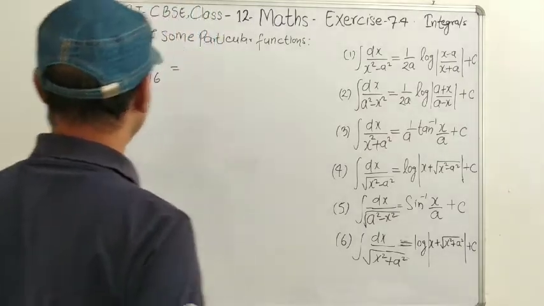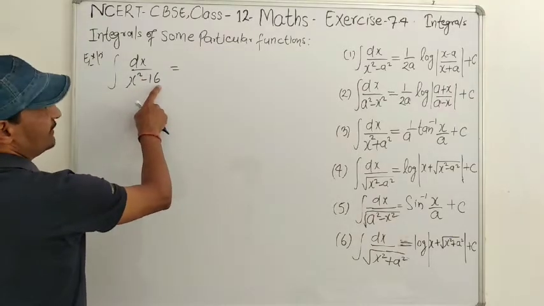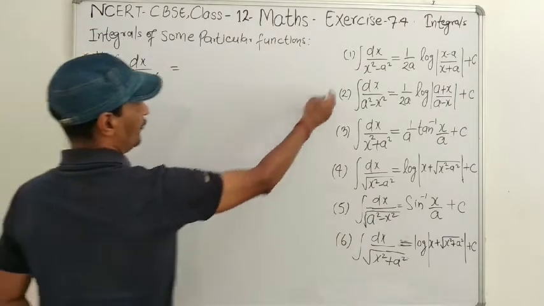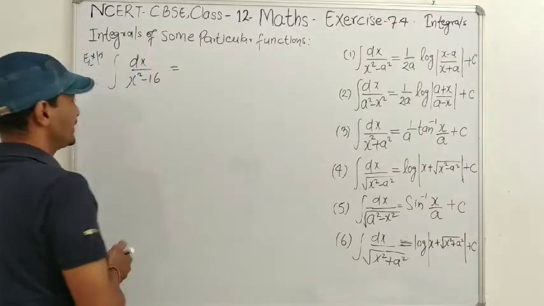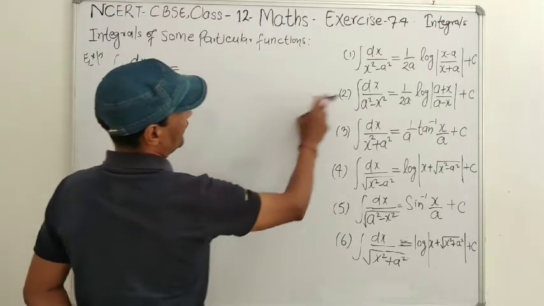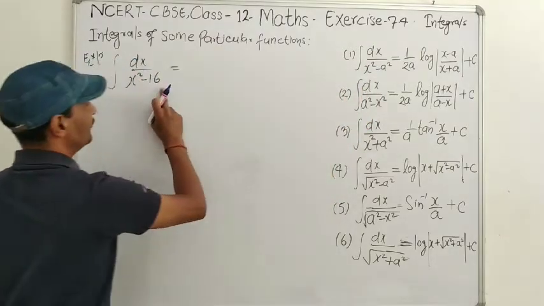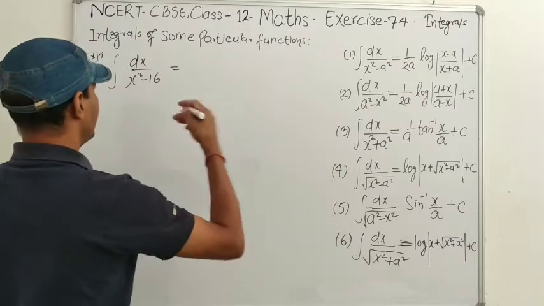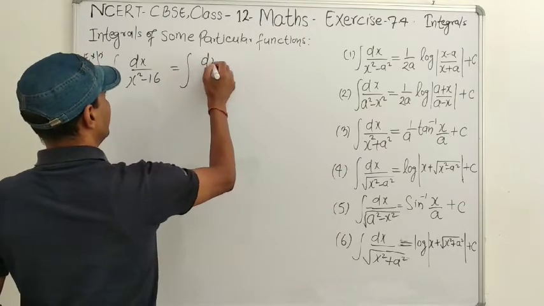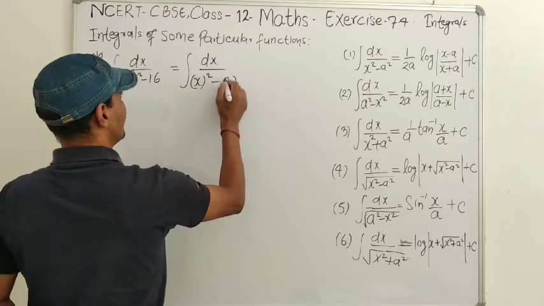First of all, what we see here, dx by x square minus 16, there is no square root here, but which formula is applied here? X square minus 16, it is x square, that means because of the minus, this 16 is to be converted in the shape of a square, like dx by x square, 16 is written as 4 square.